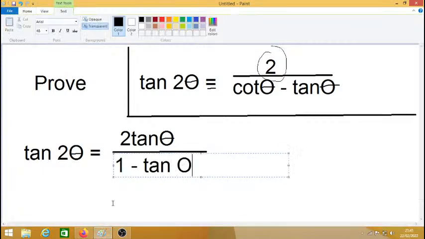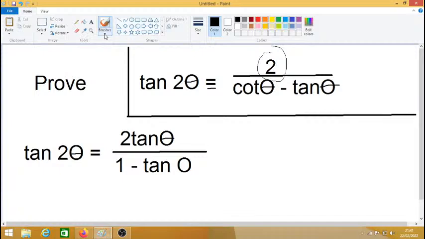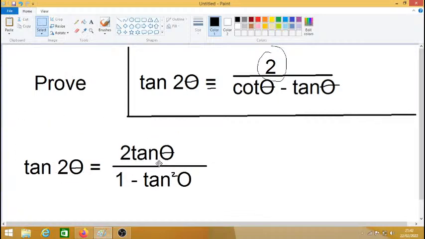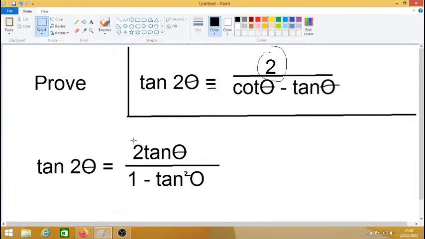So what can we do to this now to manipulate it, to make it look like what we want from this question? We're going to take the top and divide it by tan theta, which also means that we're going to have to divide the bottom by tan theta. So let's make a little bit of space for ourselves. And what we're going to do is just divide everything by tan theta.